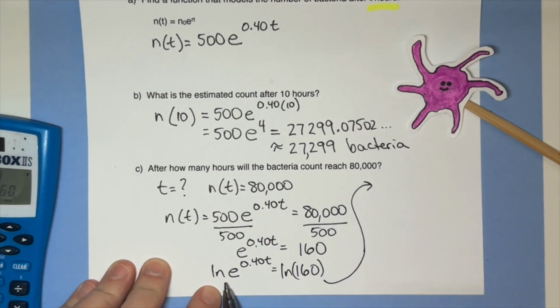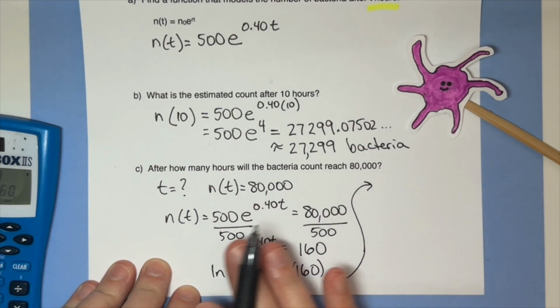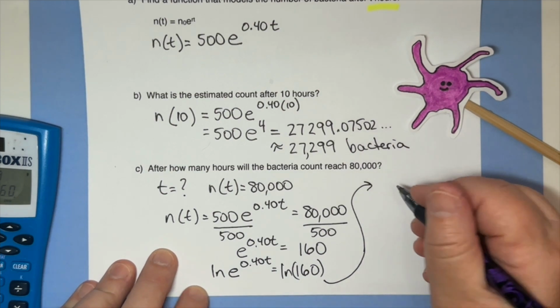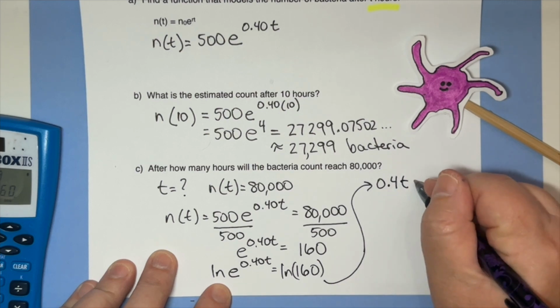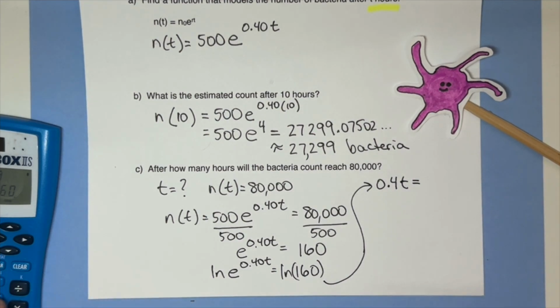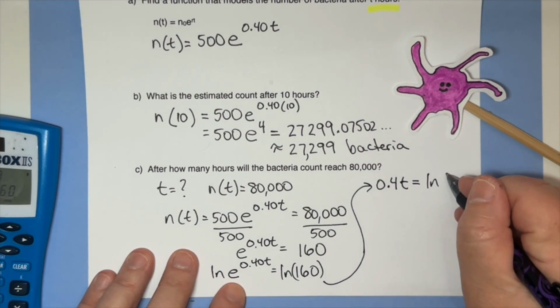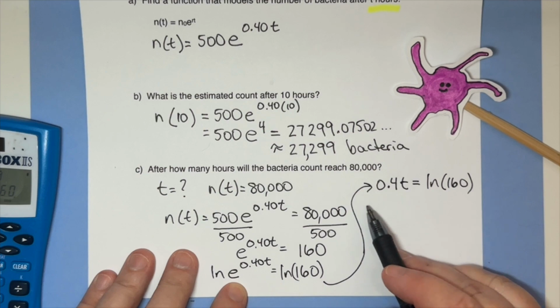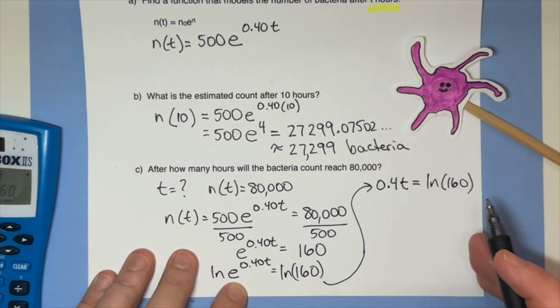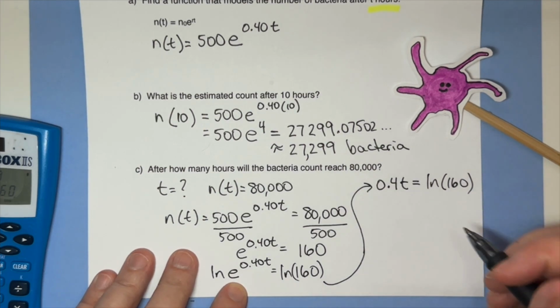Notice that over here, natural log of e cancels itself out. It undoes itself. And all I have is 0.4t on the left. And over on the right, I've got the natural log of 160. Now, it might feel weird. You can always write this as 4/10 and deal with it as a fraction. But I'm just going to divide both sides by 0.4.